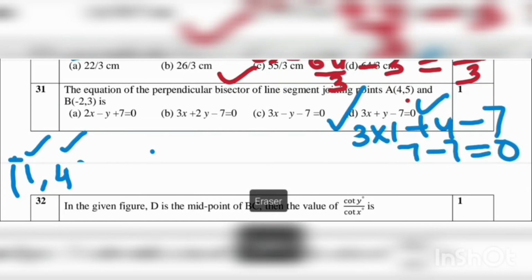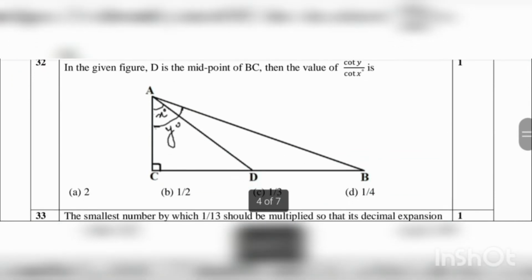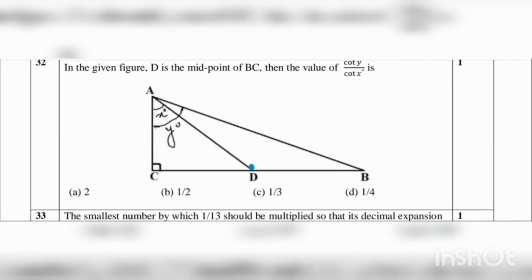In figure, D is midpoint of BC. This is midpoint. We have to find value of cot y upon cot x. Now we know from trigonometric ratio table, cot is equals to base upon perpendicular. So when we look at this angle y, cot y, what is it equals to?